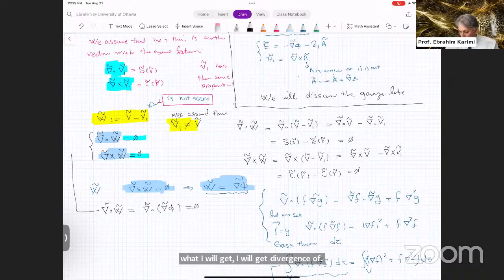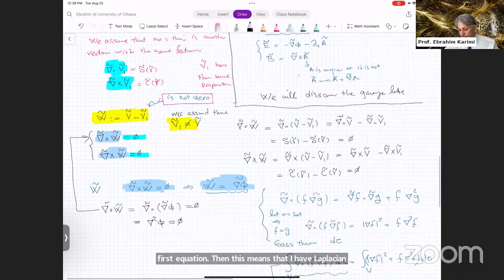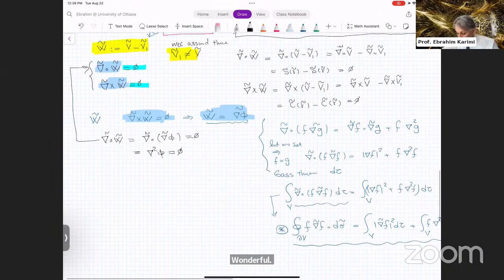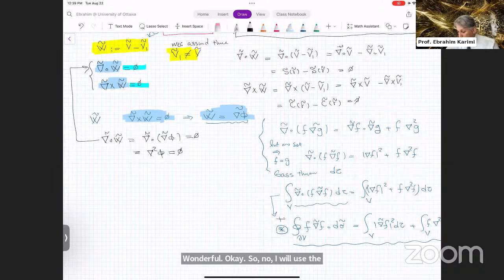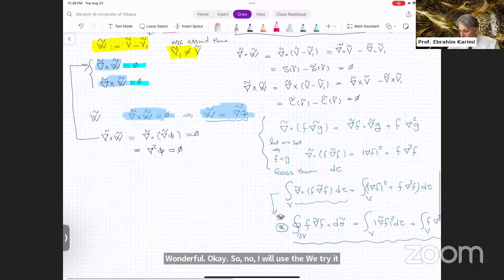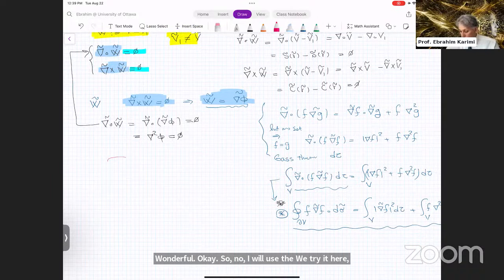That is coming from the first equation. Then this means that I have Laplacian of phi is equal to 0. Wonderful. Okay. So now I will use the Gauss theorem, which I have here, right? And I say that let's write down this integral for a volume.